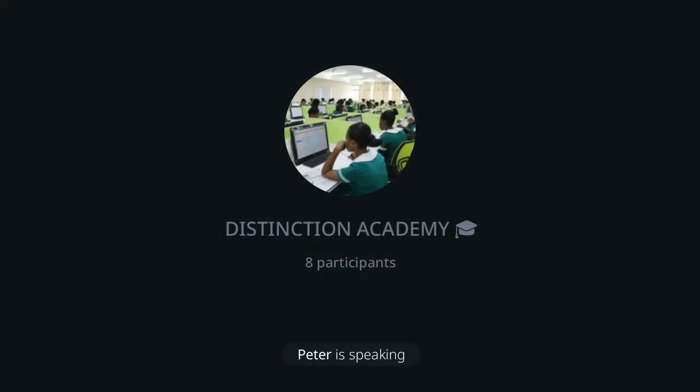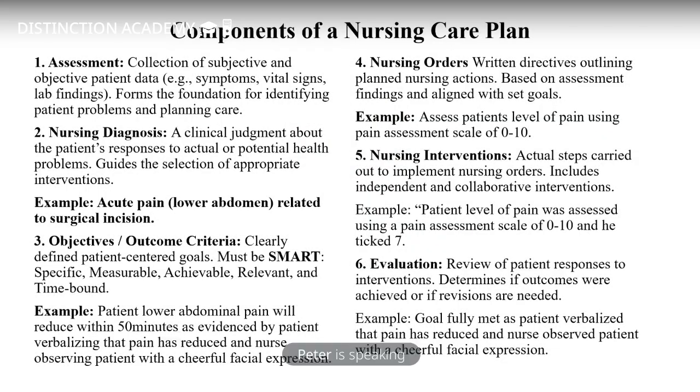Sir, please, where you said the patient ticked 7, does it mean the pain was high or what? Good. So 7 on a scale of 0 to 10: 0 means no pain, 5 means middle or moderate pain, and 10 means high level of pain.